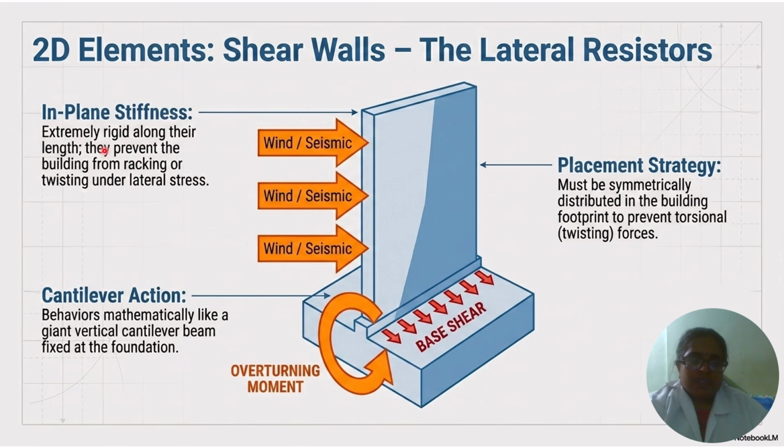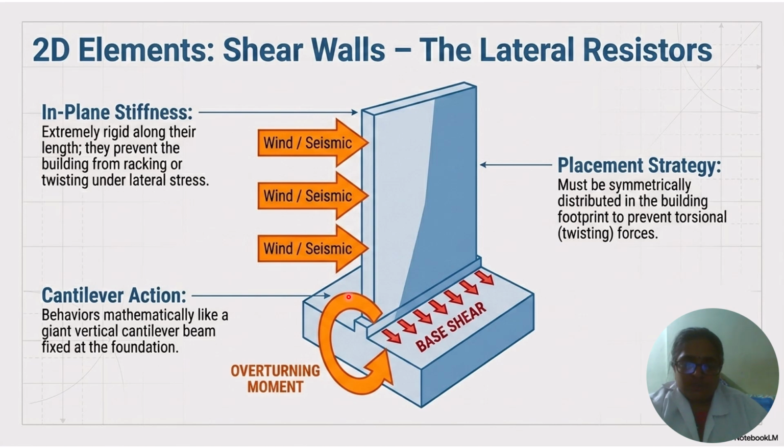the lateral resistors, which resist wind and seismic forces. They are extremely rigid along their length. They prevent the building from racking and twisting under lateral load, and due to cantilever action they behave mathematically like a giant vertical cantilever beam fixed at the foundation.